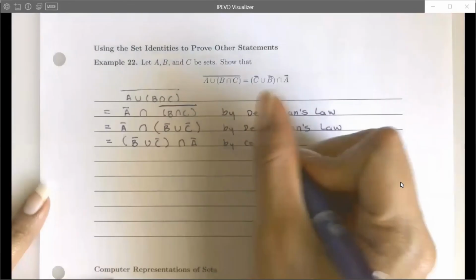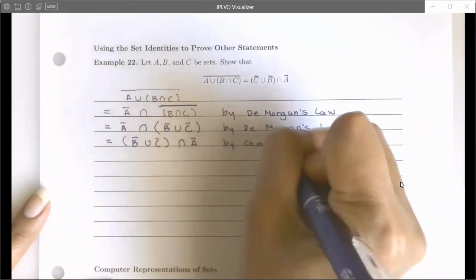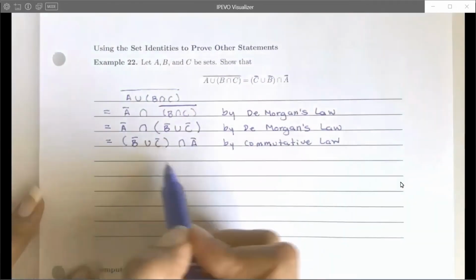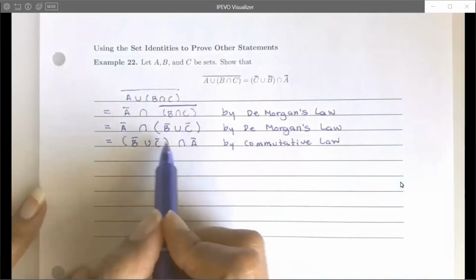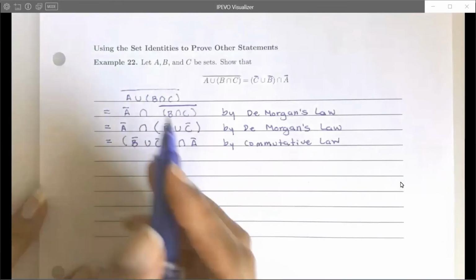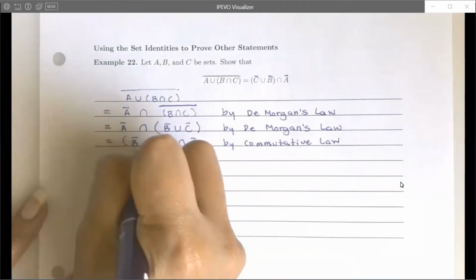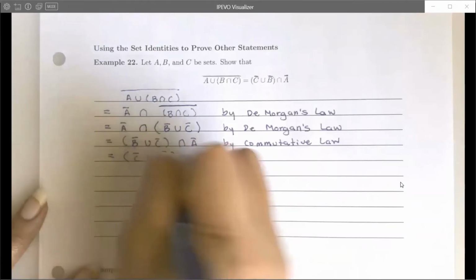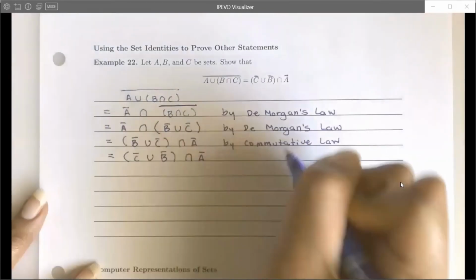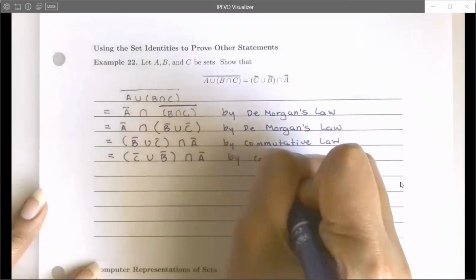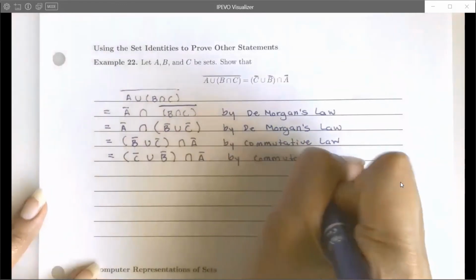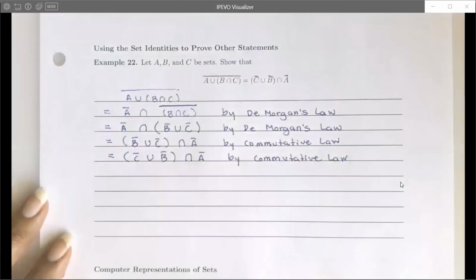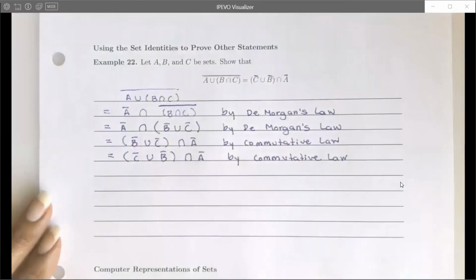So I'm going to say this is by commutative law. And same for the B complement union C complement, I'll just commute those as well. And that is it. We've made it to the goal.